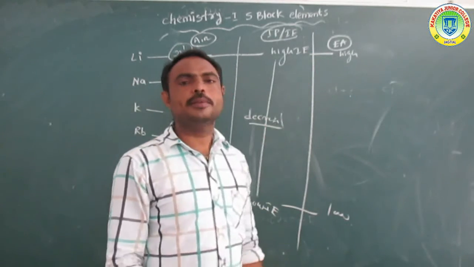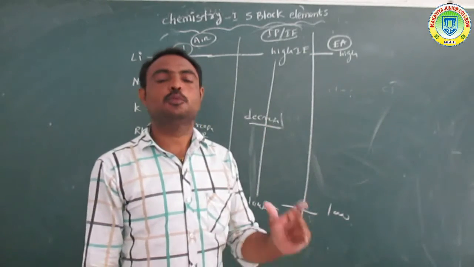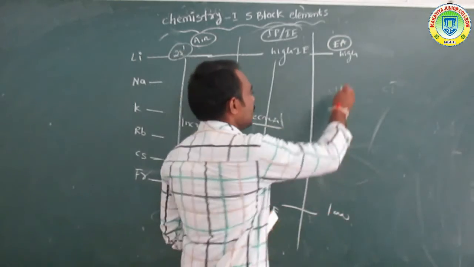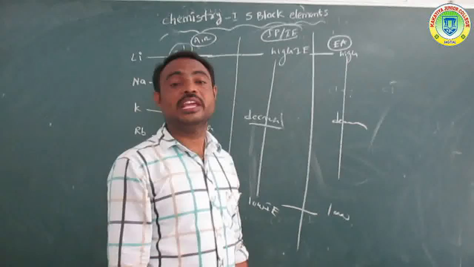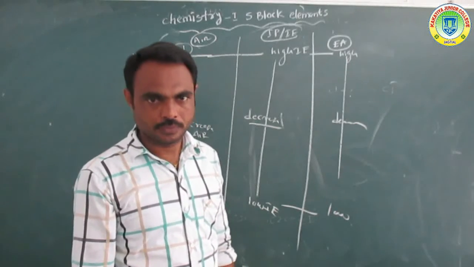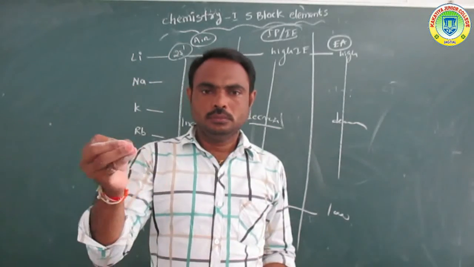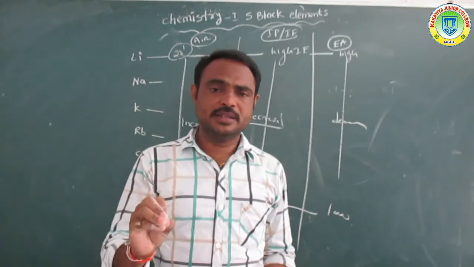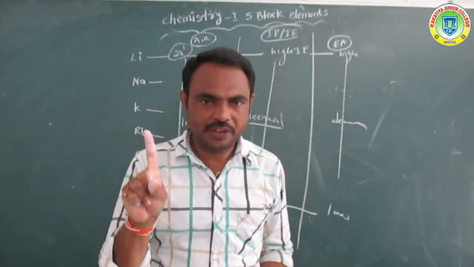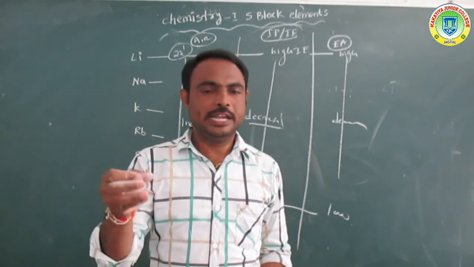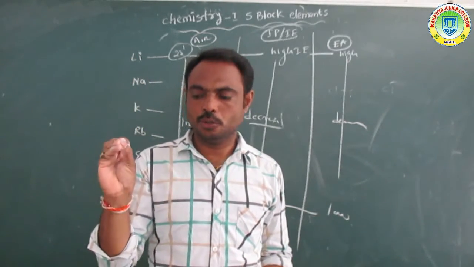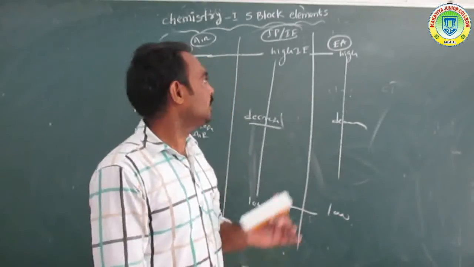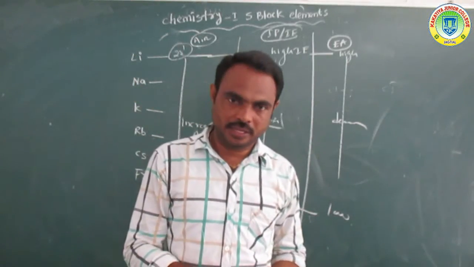From top to bottom in this group, the electron affinity values decrease. So what is the concept? Electron affinity values decrease from top to bottom in this group.